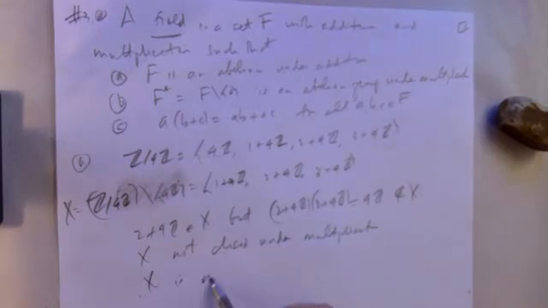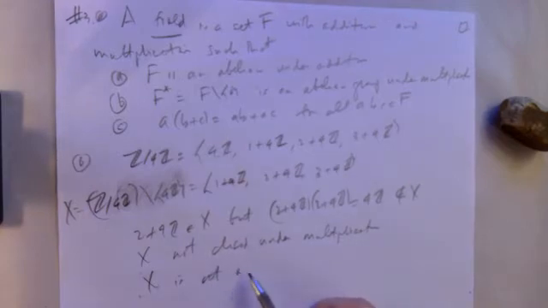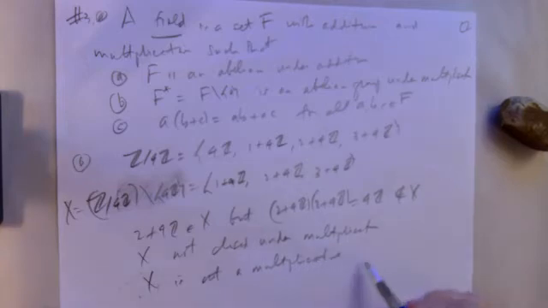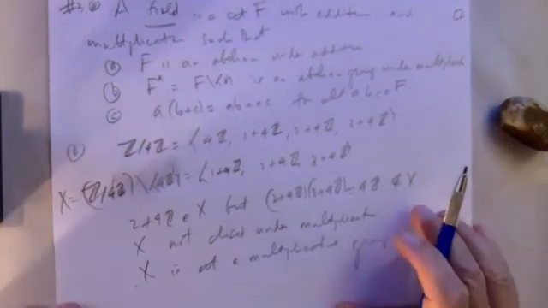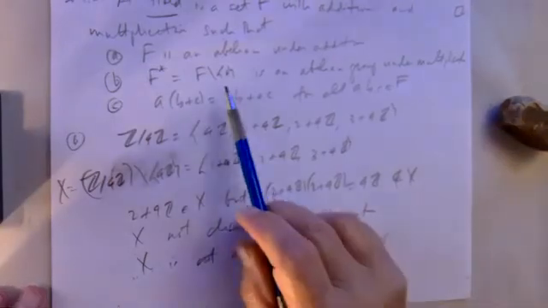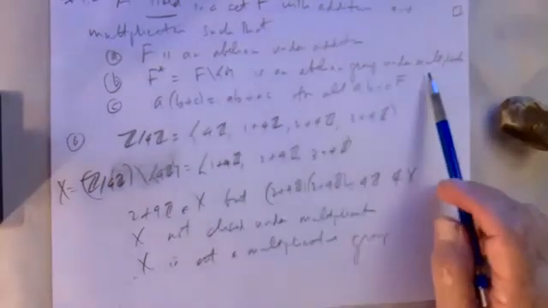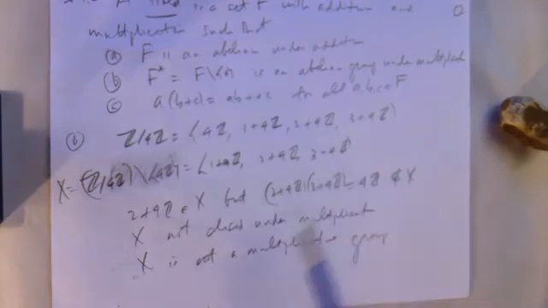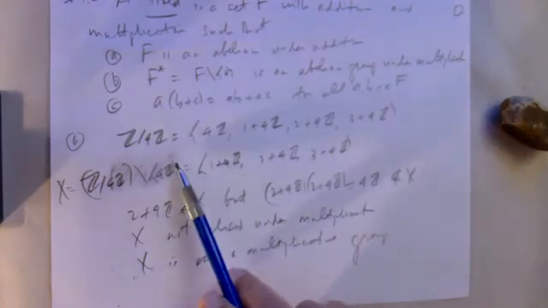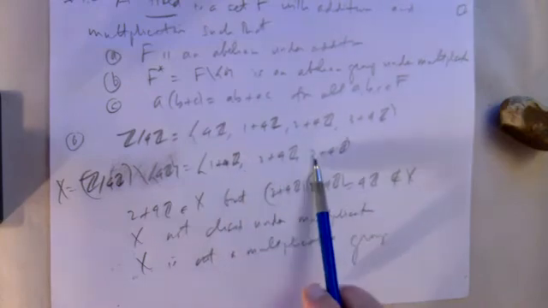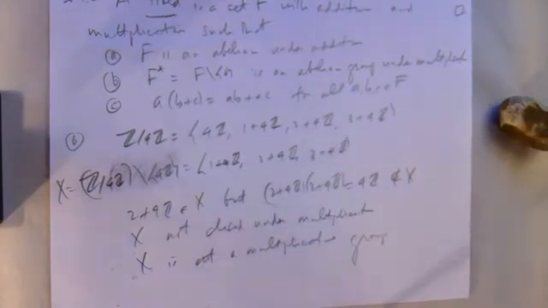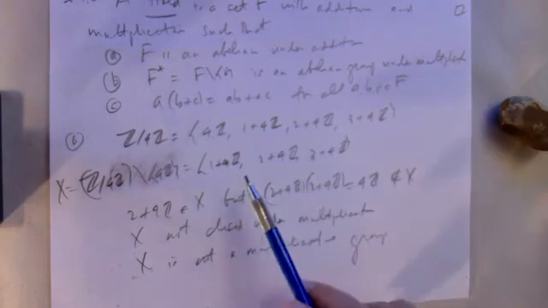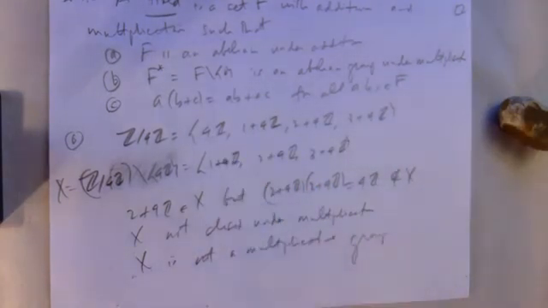So X is not a multiplicative group. In a field, if you take away 0, everything that's left is a group under multiplication. That means it's closed under multiplication. And here, if I take away 0, I have these 3 congruence classes, but it's not closed under multiplication. So this doesn't form a group. So Z mod 4Z is not a field.